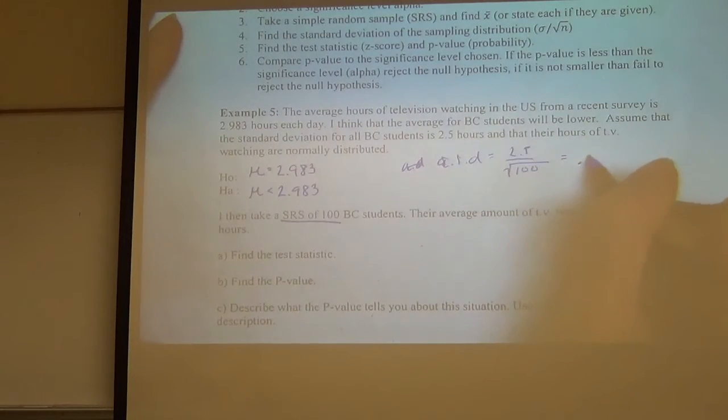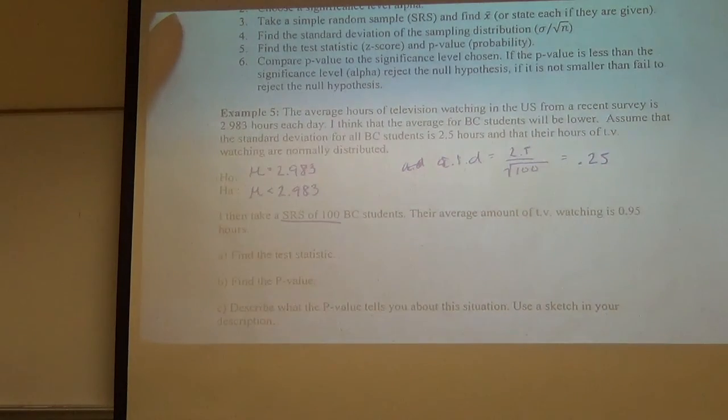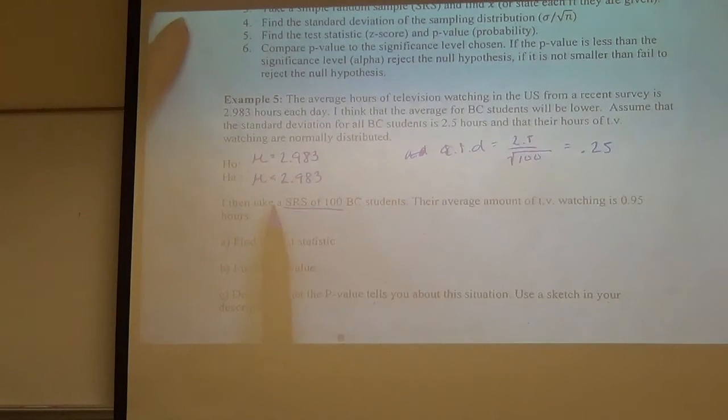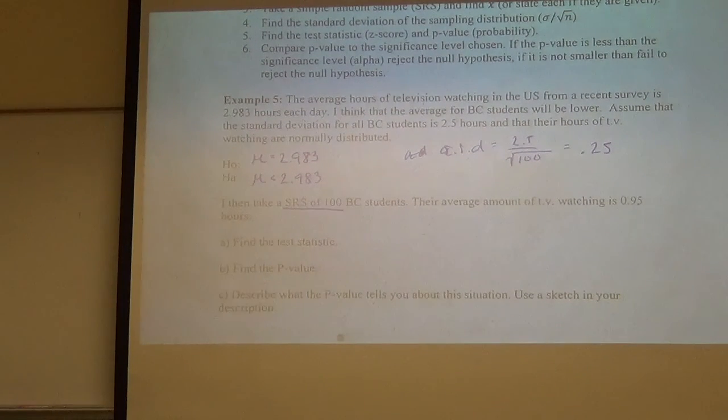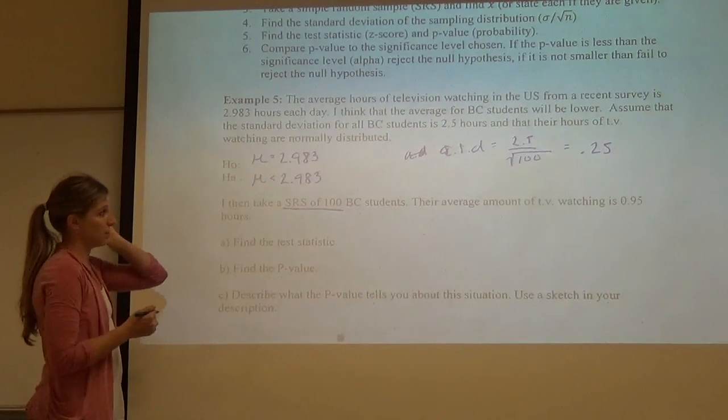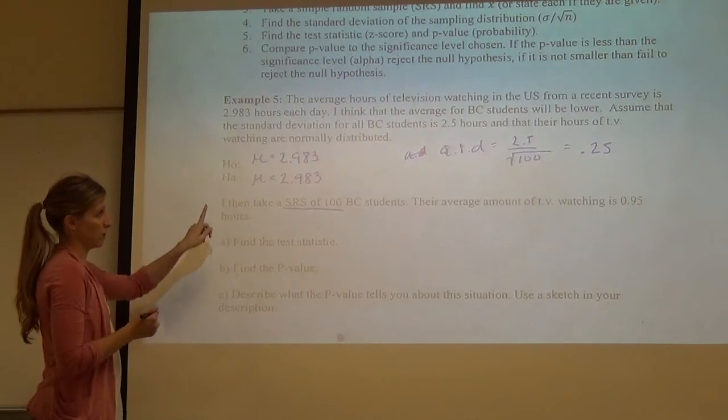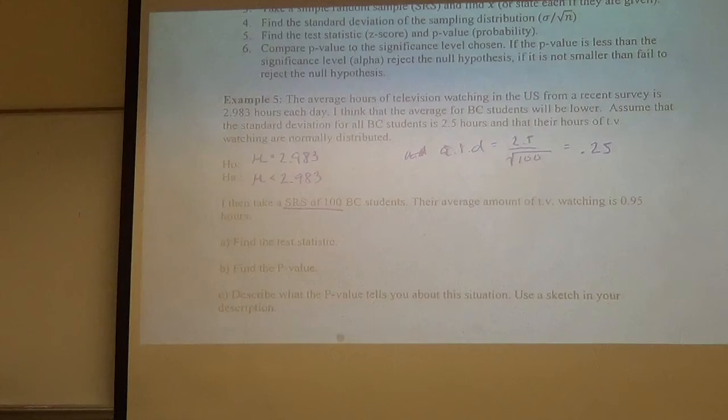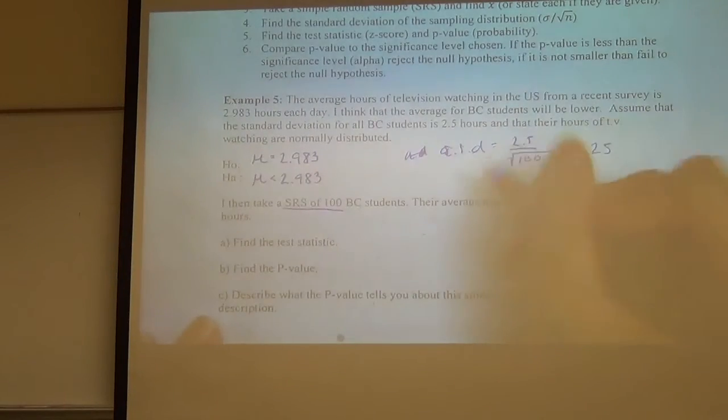We're still working with the 0.25 on this one. We take a simple random sample, so we're pretending we did this. We took a simple random sample of 100, and the average amount of TV watching for this sample was 0.95 hours. So my X bar is going to be 0.95 hours.